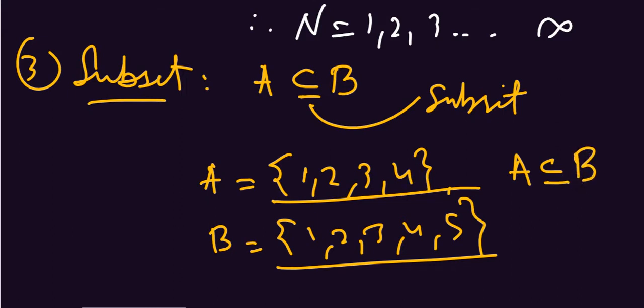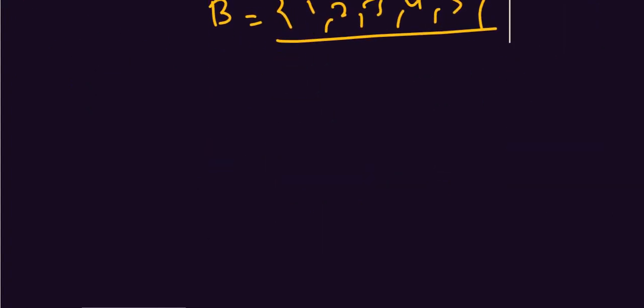Understood now? But how to find all possible subsets? This is our next video. I will make the next video on how to find all possible subsets of a given set. But for now, this is called subset. Moving further, before that, I want to tell you the subtypes of subset.